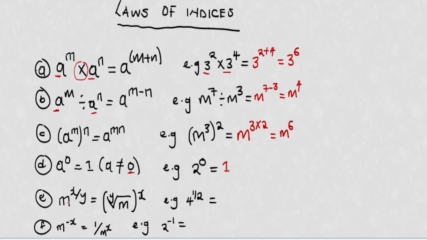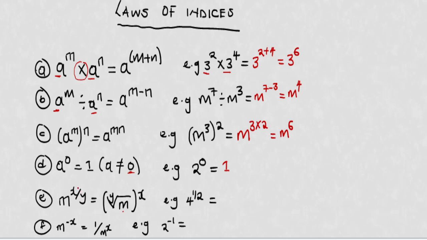Part E, m to the power x over y. This is the part of indices we call fractional indices. If you have a base raised to a fractional power, what do you do? The first thing you do is introduce the root, then let the base be inside the root.